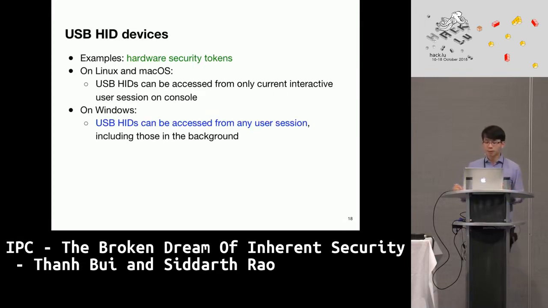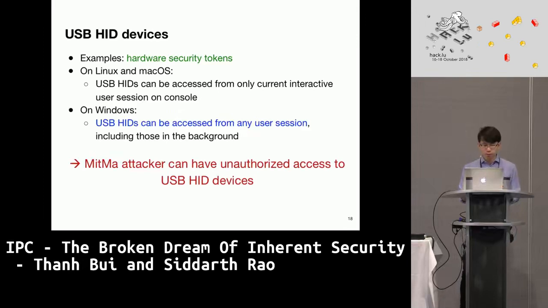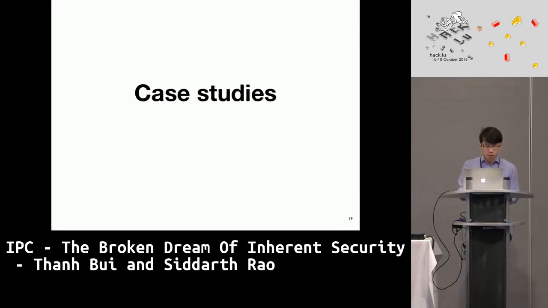This means that the security of USB HID depends on the application layer security mechanism implemented in the software or in the hardware devices themselves. So now I will show how we can exploit the vulnerable IPC methods in password managers and security tokens.